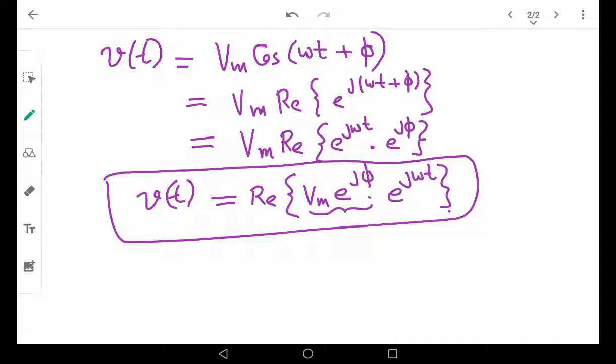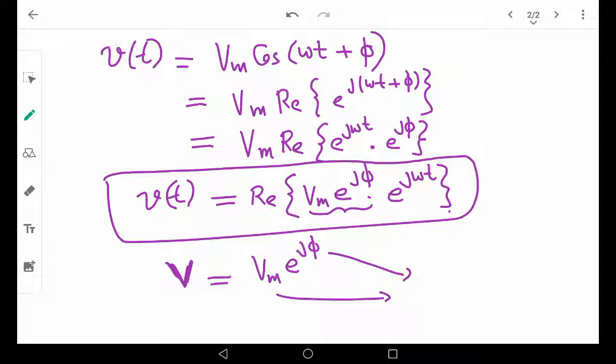I will simply take out this particular quantity. That quantity is called a phasor. I will write it like this: V equals Vm e raised to j phi. This is a complex number, right? It contains amplitude as well as phase.